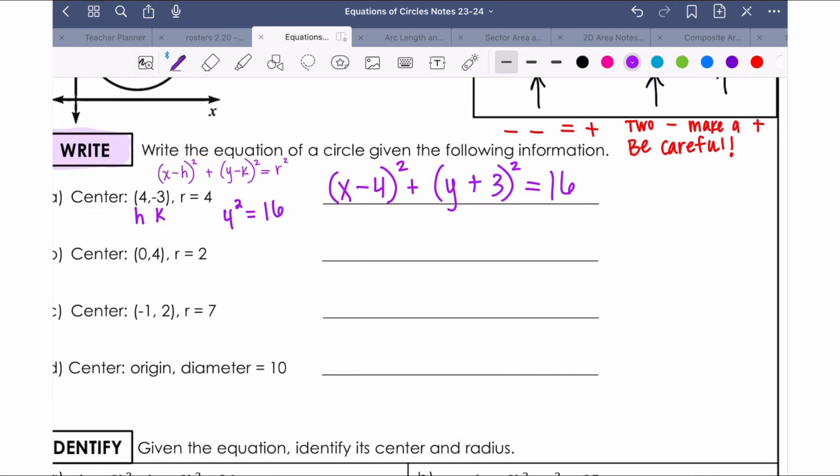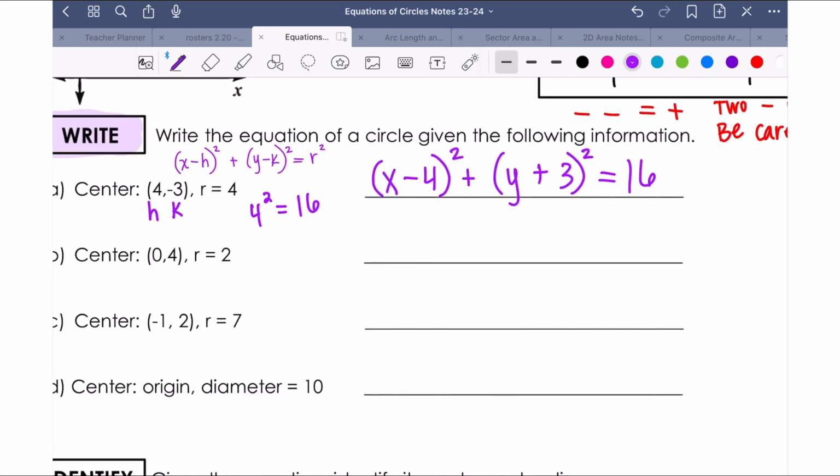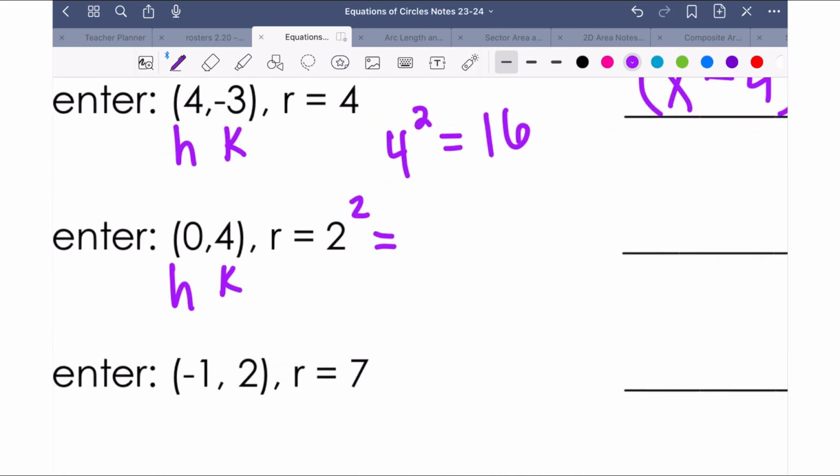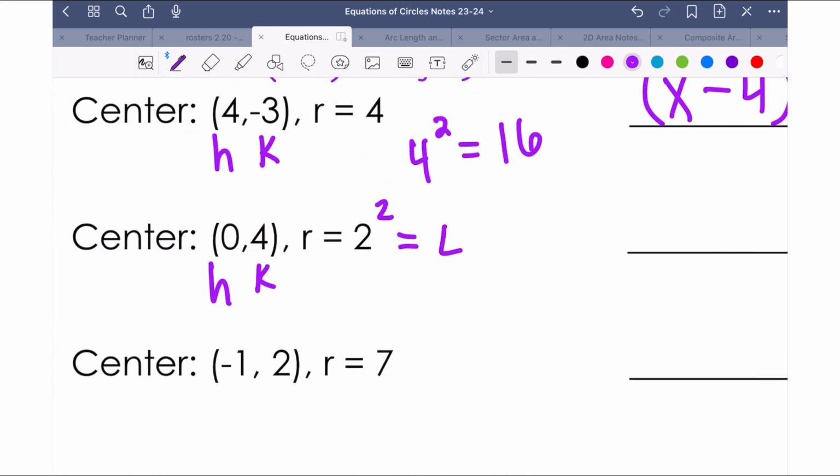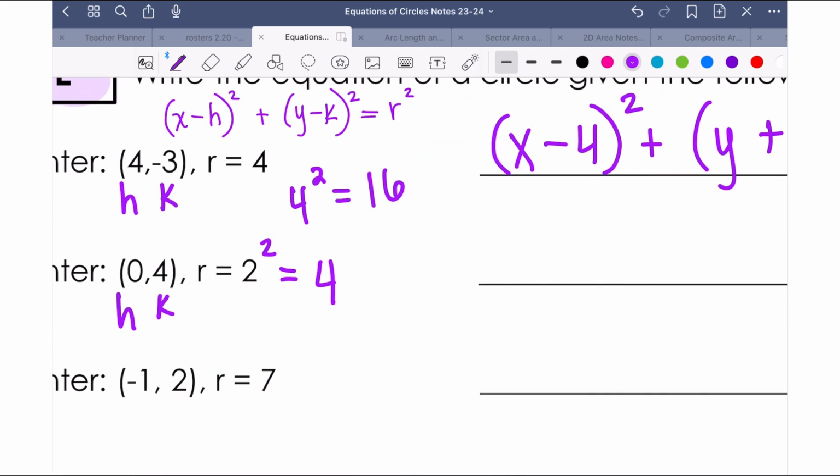All right, let's try another one. Remember your center is (h, k). We know we're going to have to square the radius. So what is 2 squared? 4. Okay. All right, let's go. Parenthesis x minus your h. My h is 0, so we don't have to write anything. If it's 0, you're not adding anything or changing the number.